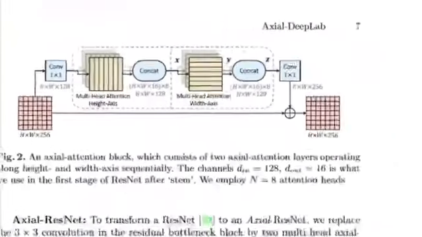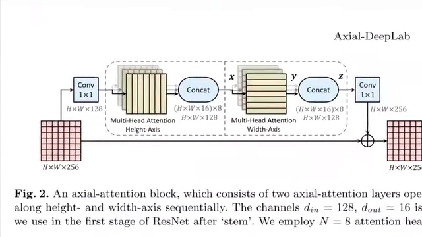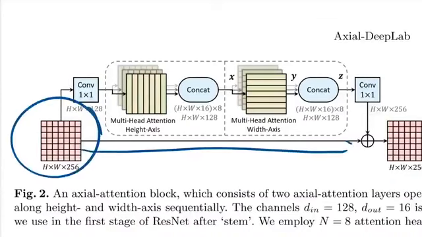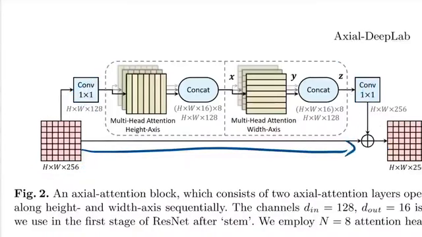That's what this is. So you see their axial attention block right here. Their axial attention block replaces the ResNet block. So if you know ResNet, I've done a paper on ResNet. ResNet basically takes the input, pipes it through straight, and adds to it whatever comes out of this operation. Okay, that's a residual block.